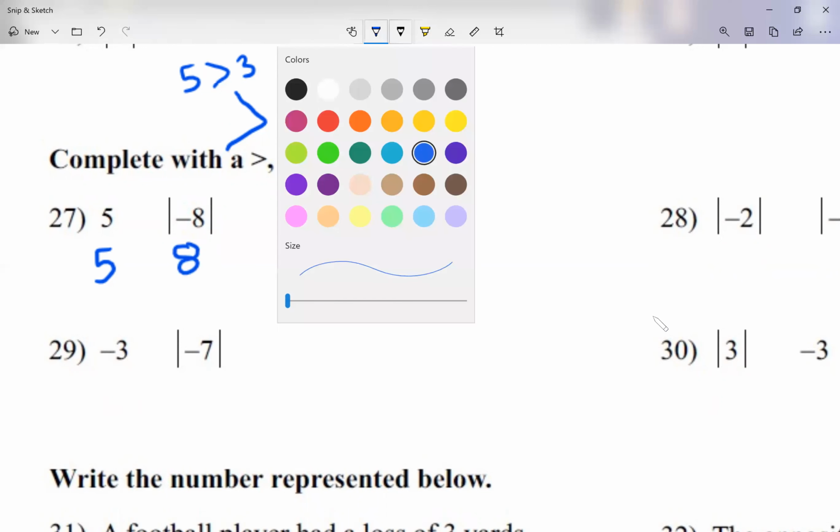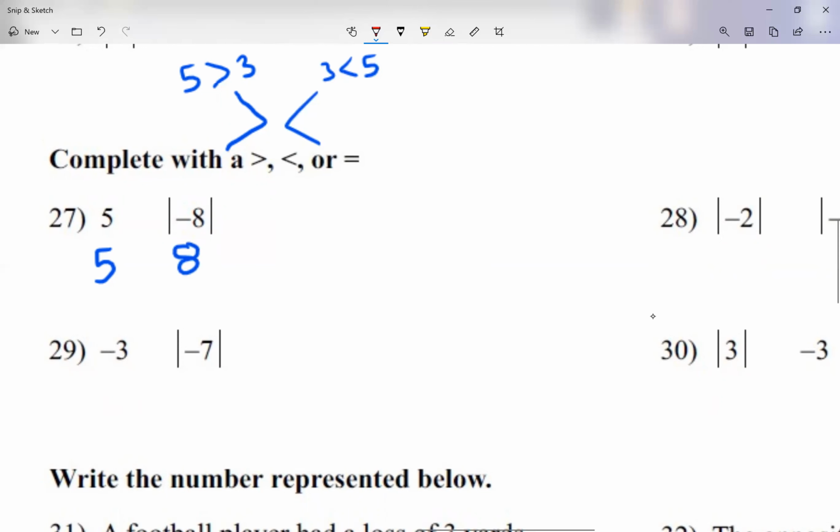So the inequality sign that I'm going to have is the one that is open to the 8, because 8 is bigger. The way we pronounce the inequality sign is based on the first number. Because my first number is smaller, we're going to read that as 5 is less than 8. If the first number was bigger, I would have called that greater than.